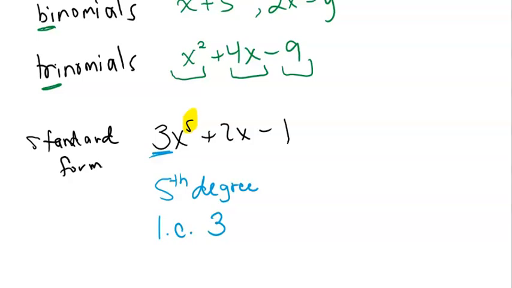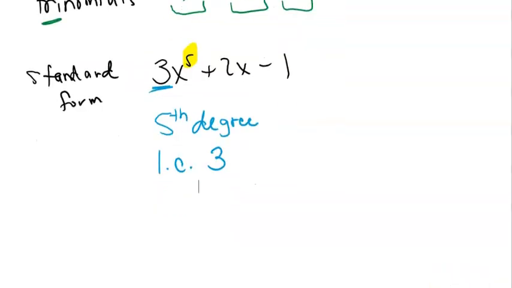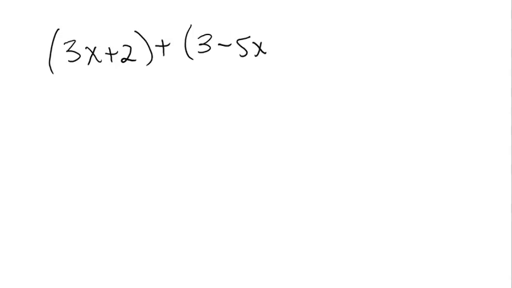Once we talked about this, we learned how to add and subtract polynomials. And for the most part, you've already done something that looks like this. You just called it something like adding like terms. So if we have 3x plus 2 plus 3 minus 5x, we're going to add these two quantities together.